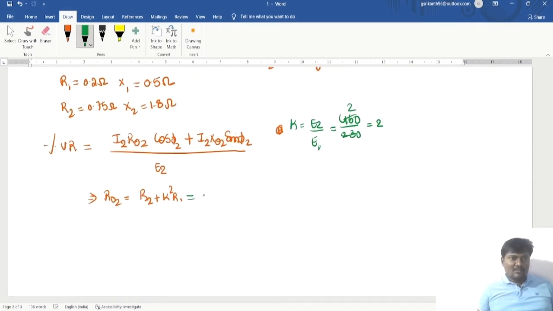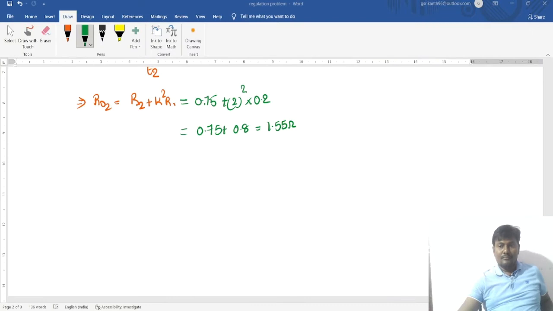So now R2 is 0.75 plus 2 whole square into R1 is 0.2. So 0.75 plus 4 into 0.2 is 0.8. The value which I am getting is 1.55 ohms.